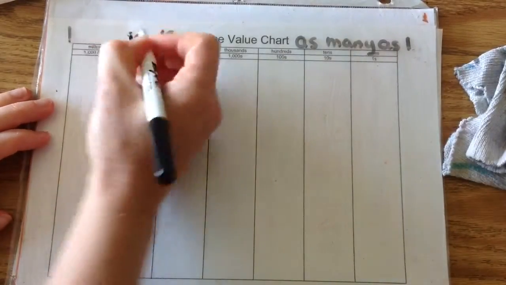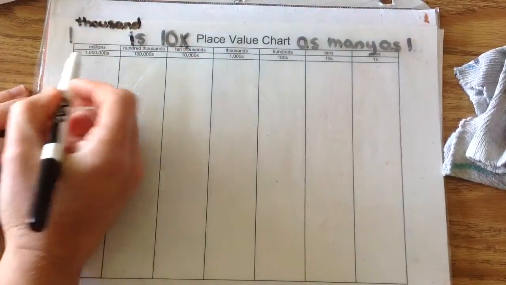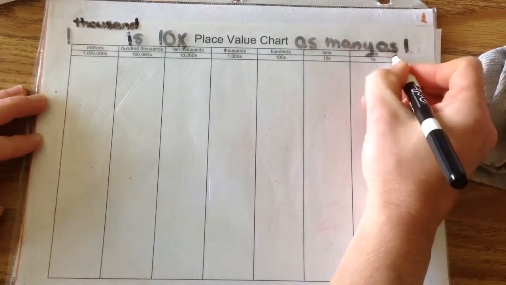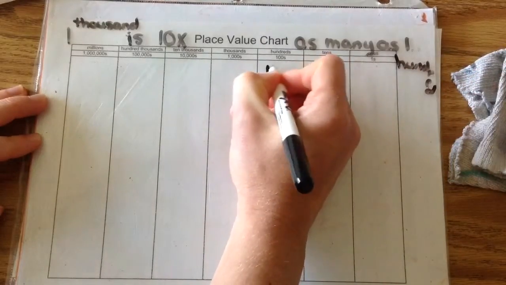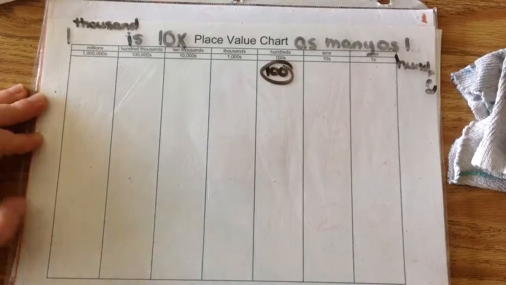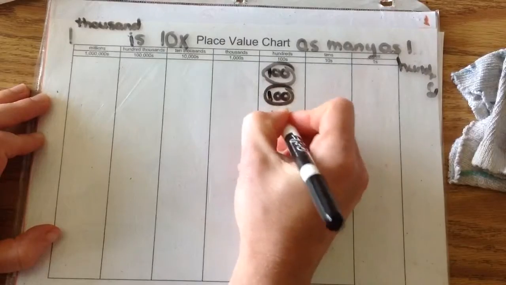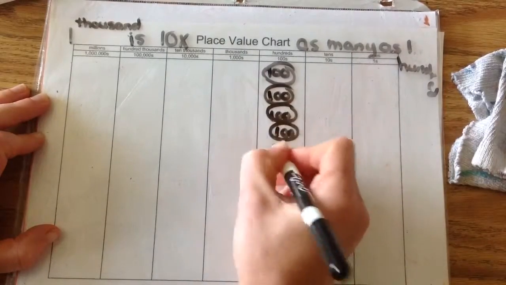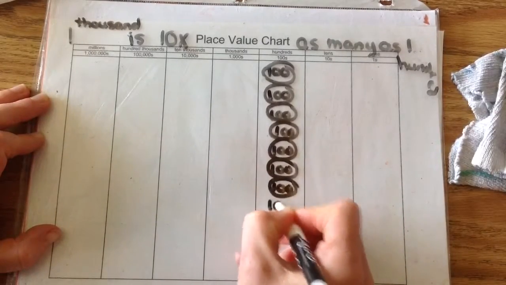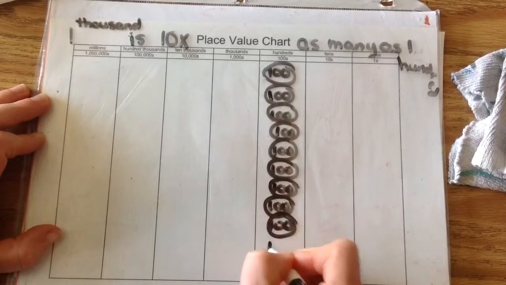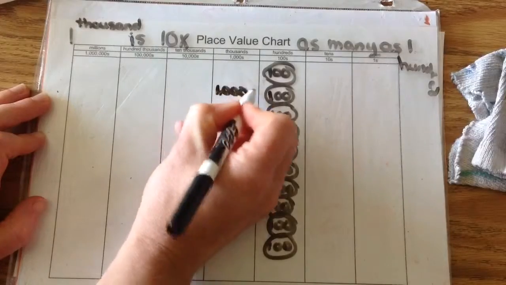Now we're going to go one step further. 1,000, I don't have space, see that, is 10 times as many as 100. So if I have 100 here, and we know it takes 10 of them to regroup, we have 2, 3, 4, 5, 6, 7, 8, 9, 10. 1 thousand.